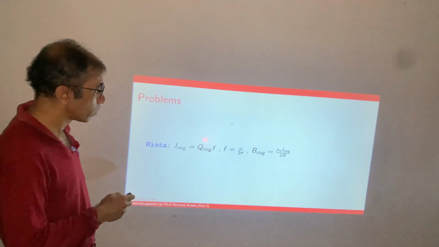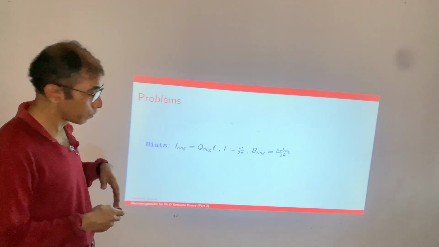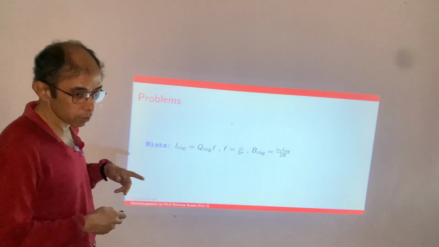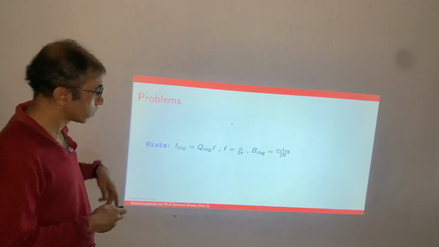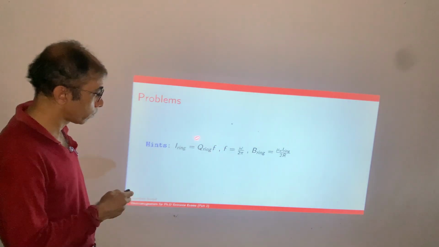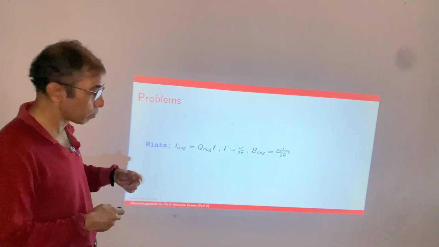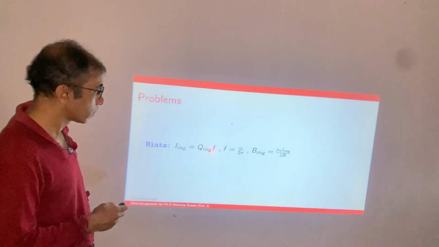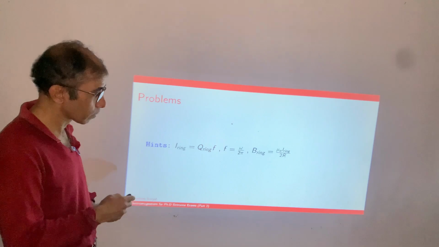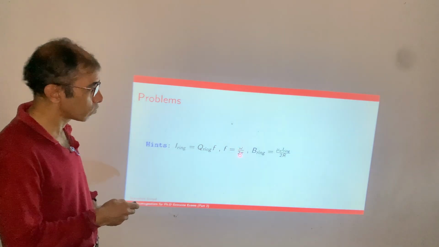Current is total charge times frequency. Frequency is the number of revolutions per second of the ring. That means this amount of charge flows across a particular point per second, and that is the current. And f is related to omega: f is omega by 2 pi. This we all know.